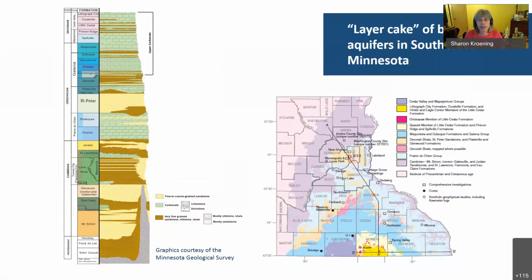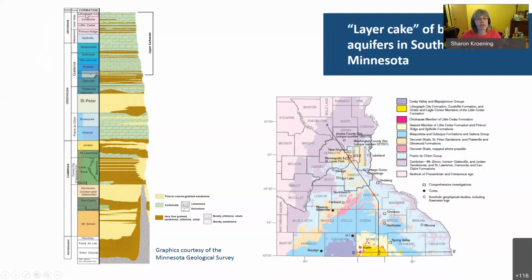And this next slide shows two graphics that I took from publications produced by the Minnesota Geological Survey. I wanted to show you this to just illustrate how many different bedrock aquifers underlie the land surface in southeastern Minnesota.